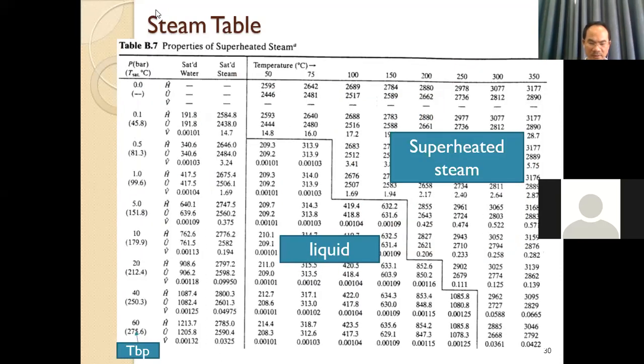In this table there is the saturation pressure, saturation temperature, and the saturated enthalpy, internal energy, and volume.